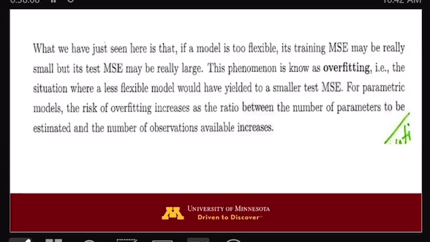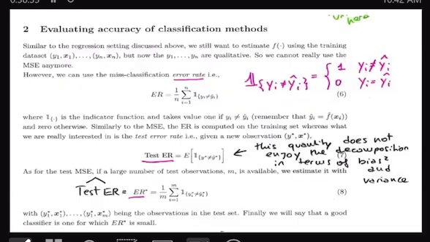Does that make sense? That phenomenon is overfitting, because you have high variance. A situation where it is less flexible, of course, is what I described the other time. Now, this is what I want to showcase right now.